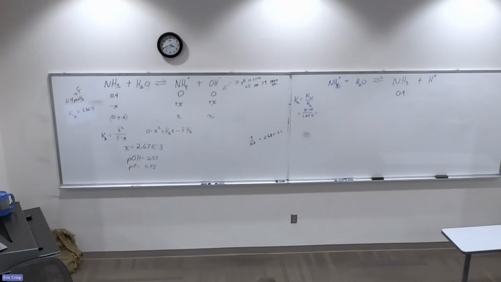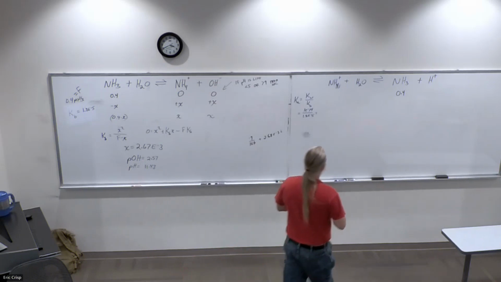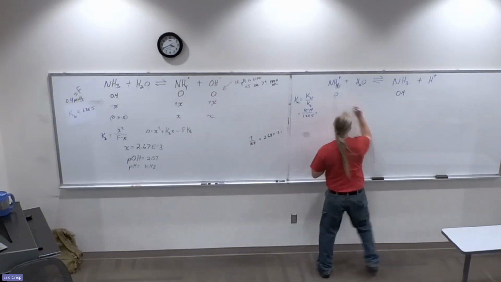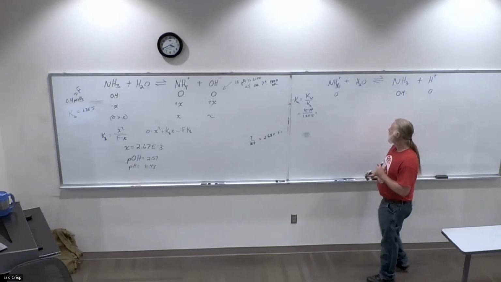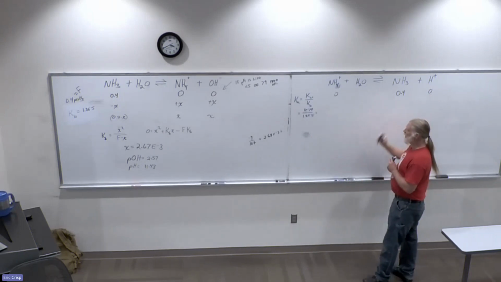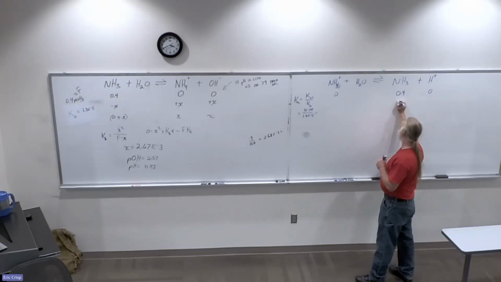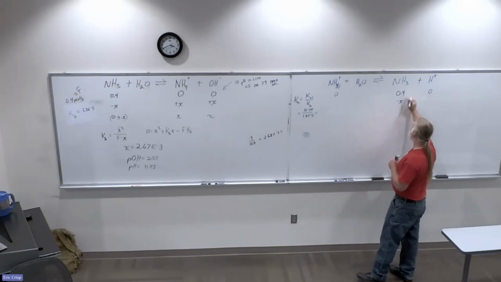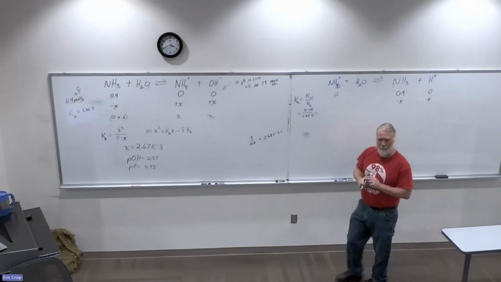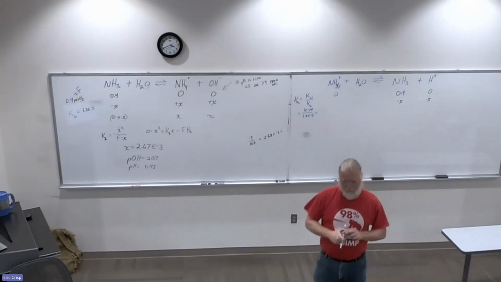Remember that writing it as the product side or the reactant side is just synthetic. That's our guess, okay? So, since we threw it in on this side, if we say minus x over here, so that this doesn't go below 0, right? That makes sense?